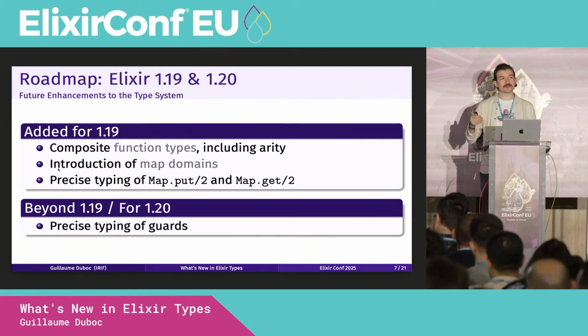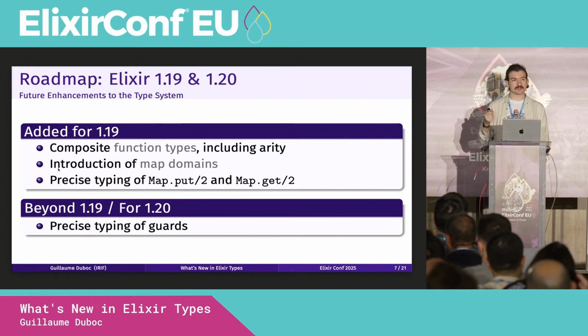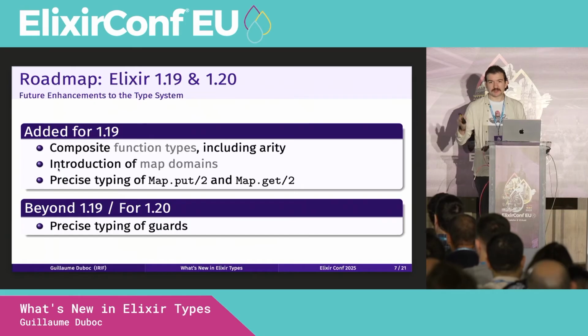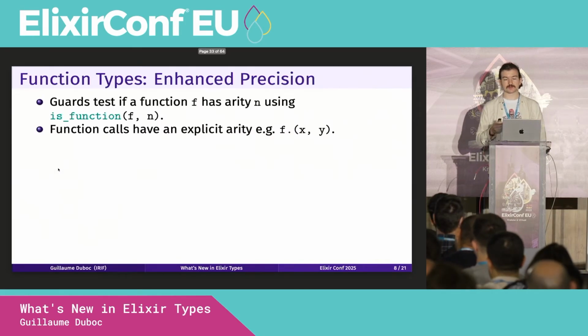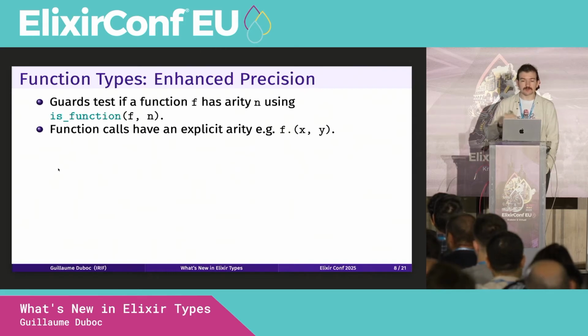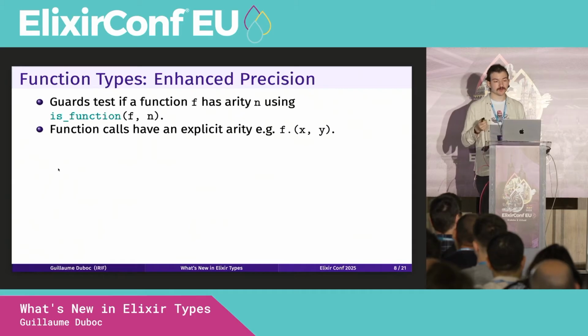And the goal with constantly improving the kind of types that we can represent is to be able to completely handle the guards of Elixir, so we can find even more inconsistencies or errors in your code.